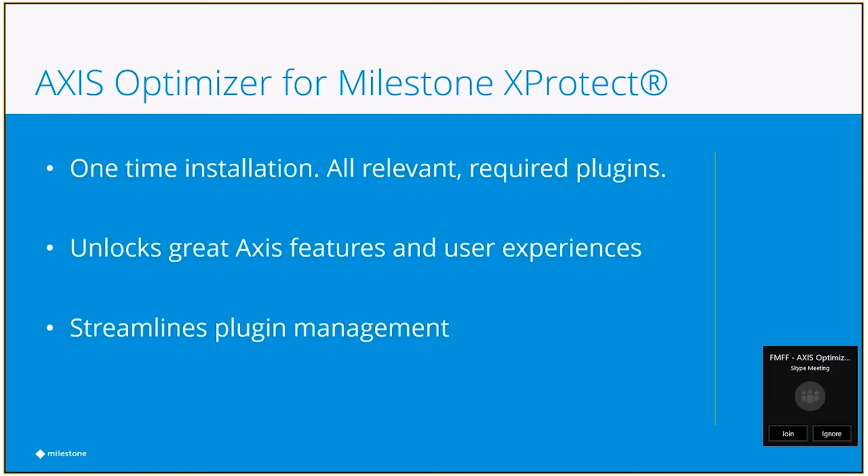It saves both integrators and operators considerable time and effort required to manually search for, download, install, and configure all Axis plugins for their devices. Now, the plugins are installed and managed from within Milestone. The idea of the name Optimizer is an all-in-one installer, and we can download it directly from axis.com.